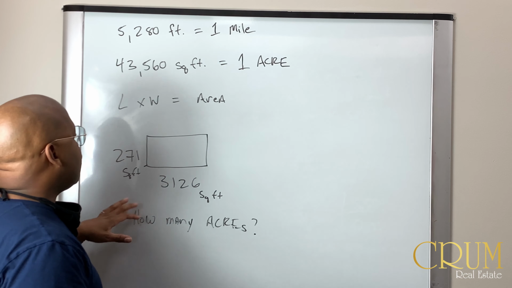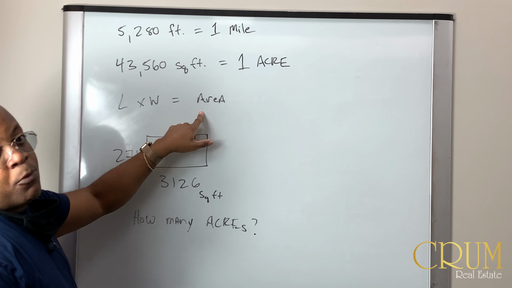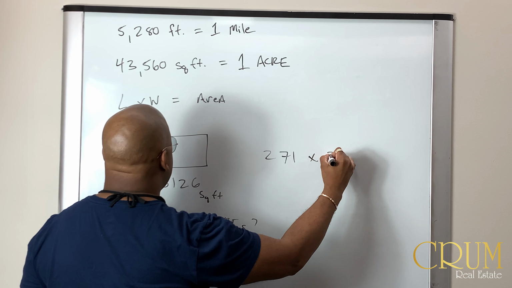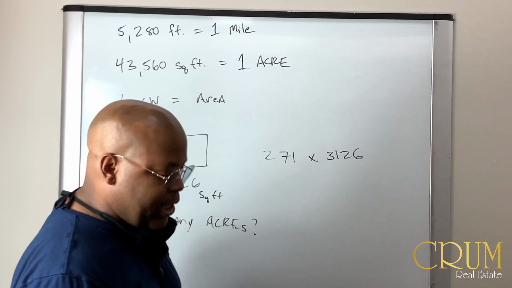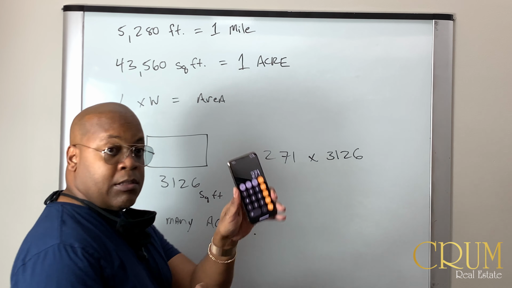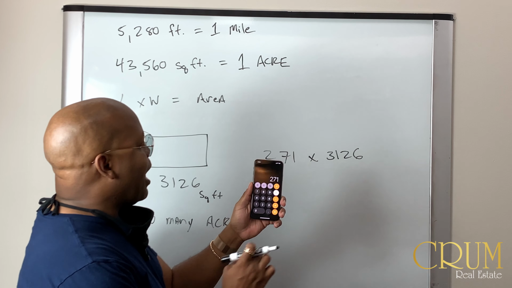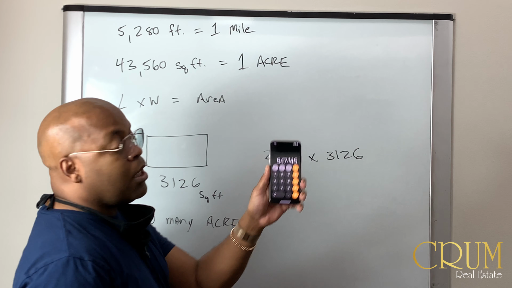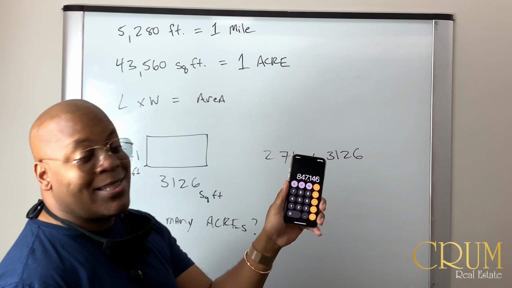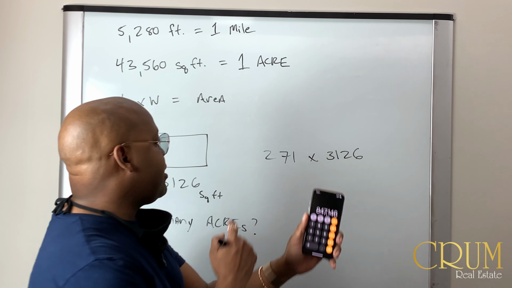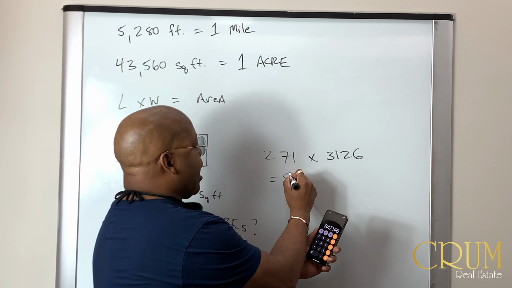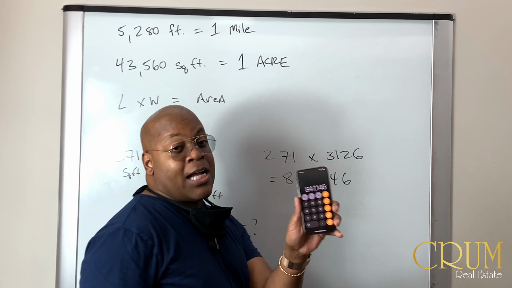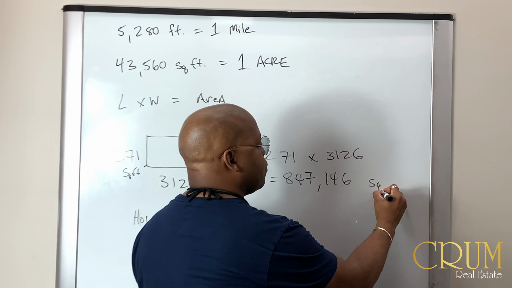Because I had you memorize this, now you know that it needs to be 271 times 3126, and that should give us 847,146. That should be what you get as far as square feet.